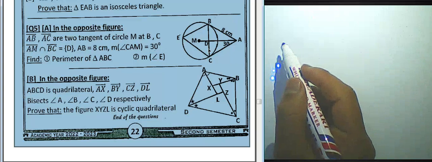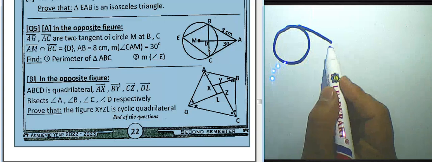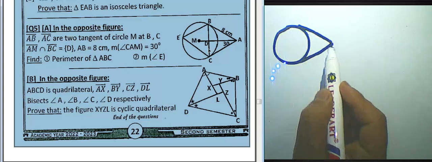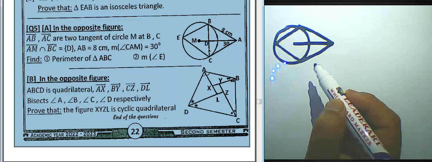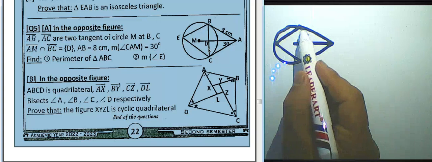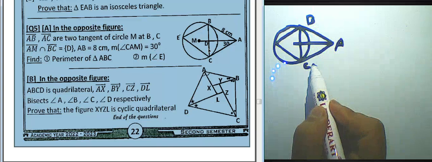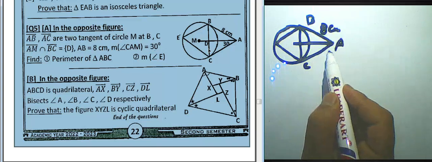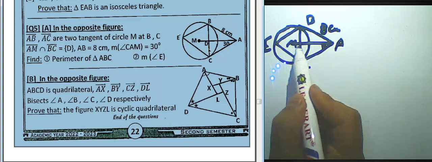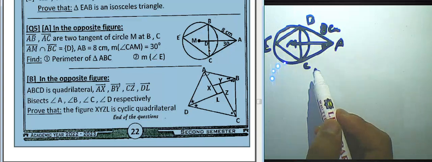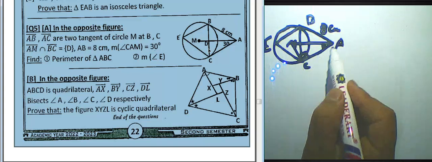Equals 24 centimeters. Again, we have a circle here, and we have two tangent line segments here, and the center was M. Here M, and here A, B, C. 8 centimeters, and it was 30 in the M, and here E. We can draw MC perpendicular to AC because it is a tangent of a circle.